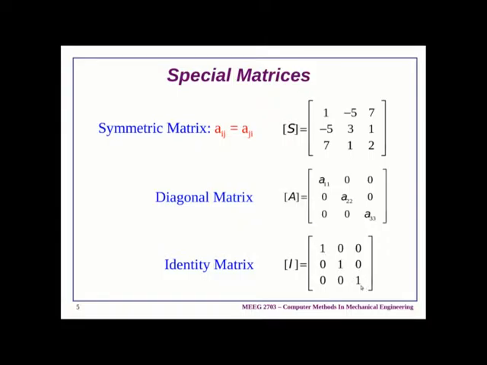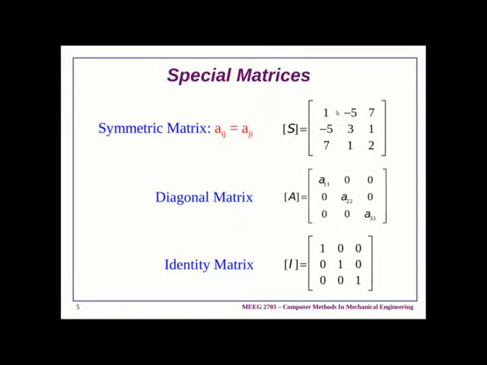It has ones along the diagonal and zeros everywhere else. The more general, just diagonal matrix means that it's not necessarily ones, but the only thing that's non-zero is the main diagonal.